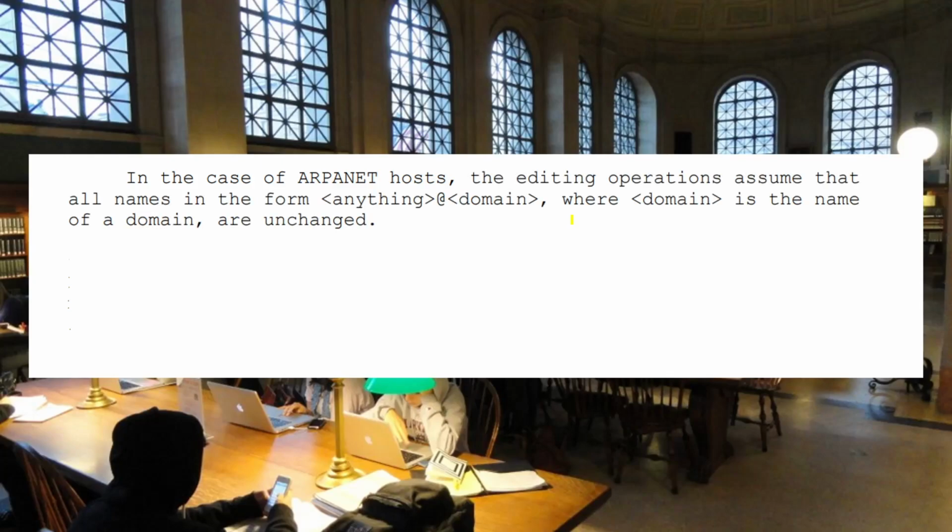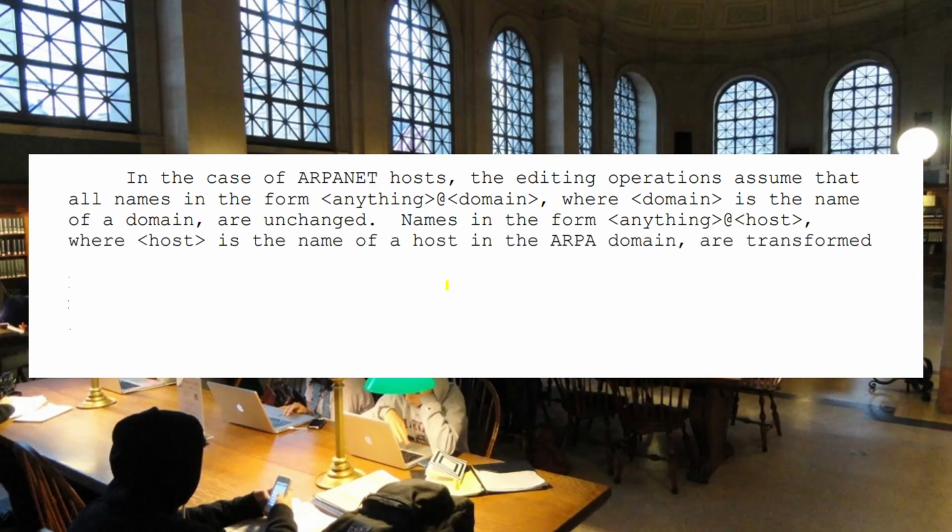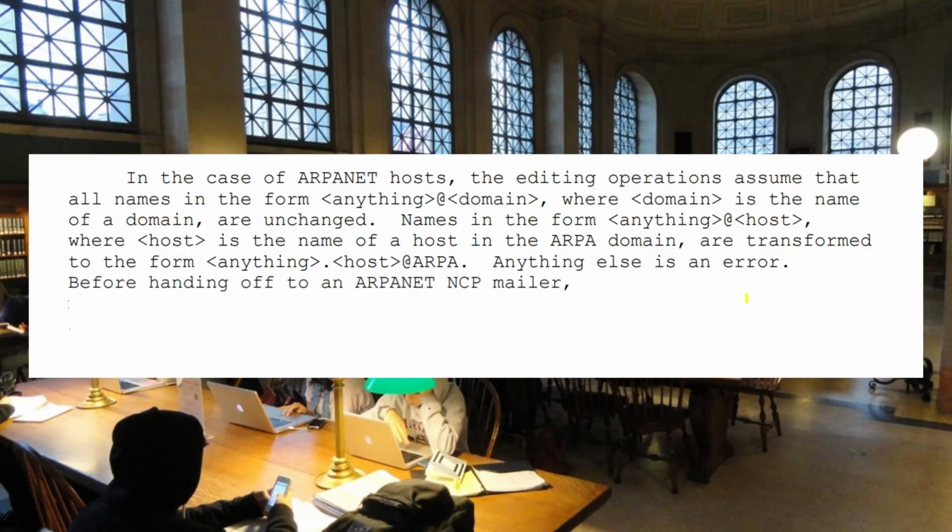Now, in the case of these old and defunct ARPANET hosts, the editing operations assume that all names in the form anything at domain, where domain is the name of a domain, are unchanged. Names in the form anything at host, which are of course problematic, where host is the name of a host in the ARPA domain, are transformed to the form anything.host at ARPA. Anything else is an error.